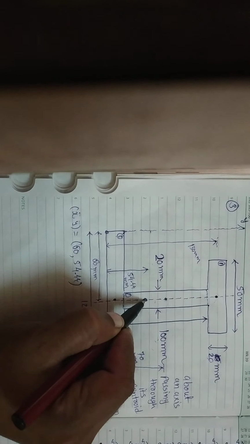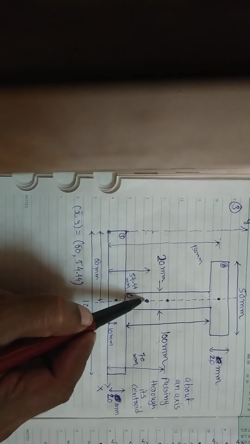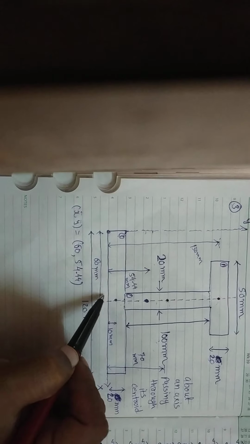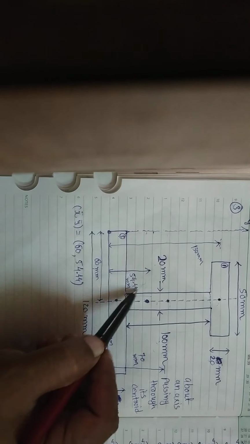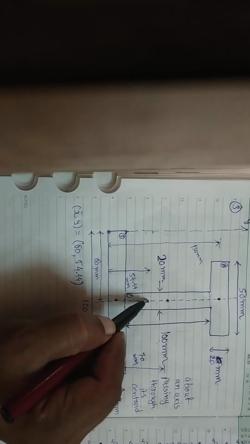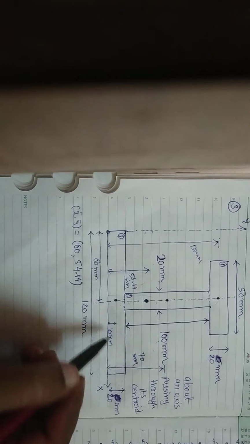So if you take the offset from this axis, this one is 60 mm, and if you take the offset from this x-axis, then it's 54.44 mm. So this one is the centroid of this entire I section.